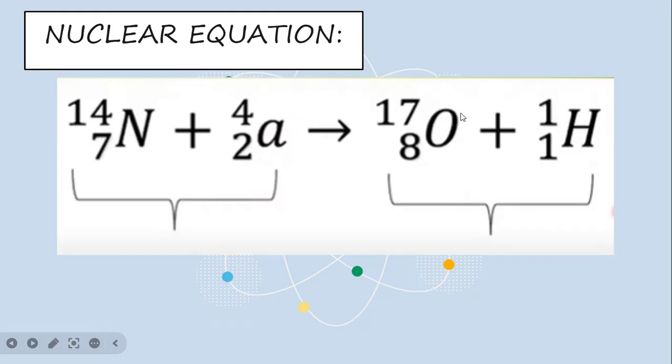So here the product is oxygen, number 8 in the periodic table with 17 as the mass number. And we have here an emission of a hydrogen atom, a proton, in this particular process, where there is one proton and at the same time no neutron.